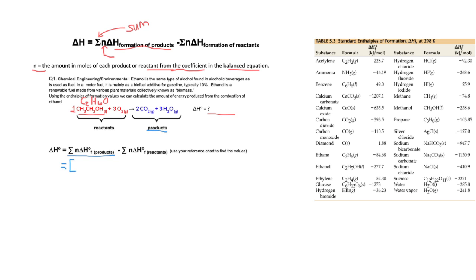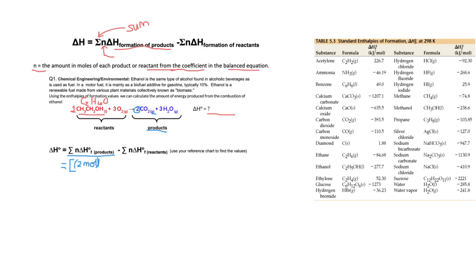So I'm going to start with carbon dioxide, and that sigma here just means take the sum of all of those. So I'm going to take 2 moles for carbon dioxide because that is what is in the reaction as a coefficient. And then I'm going to look up, this is a bracket, it's a little bit hard to see, my standard enthalpy of formation for carbon dioxide.